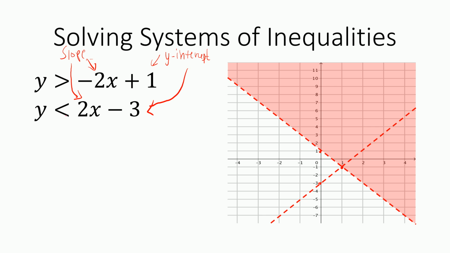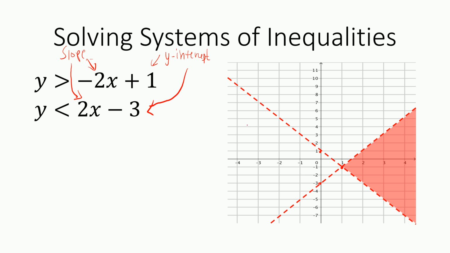And then for this one it's less than, so I would shade below that. So when I shade below that, we see this overlapping region here. And since this is the overlapping region, that's really the only one we need to shade. So in the future, we'll just plan on shading that one. And that's how our inequality graph should look.